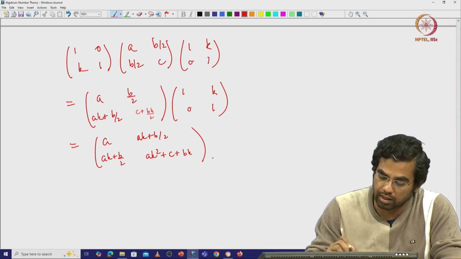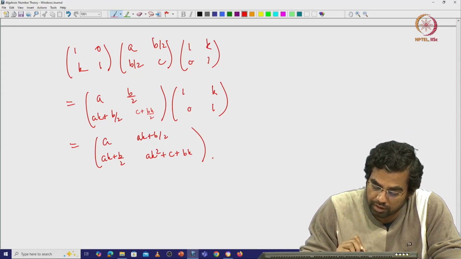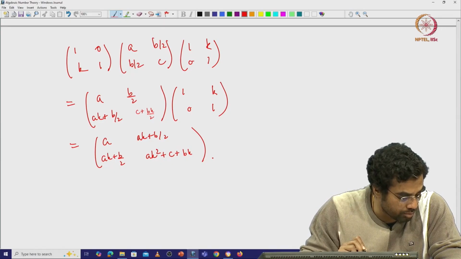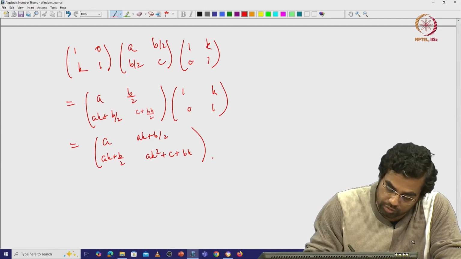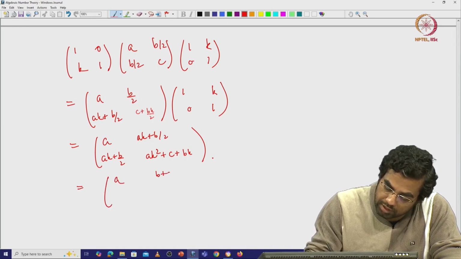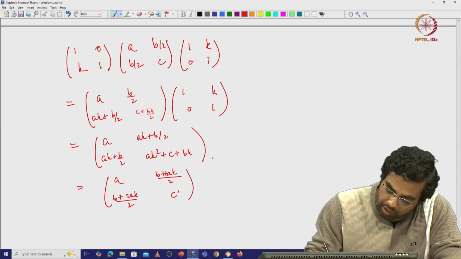So, I do not really care what this C is, I just care that A is left invariant and then B changes to, yeah. So, let me rewrite this as A and then B plus 2 times A K by 2, and then some C prime here.